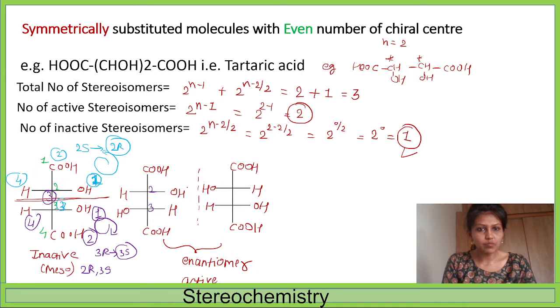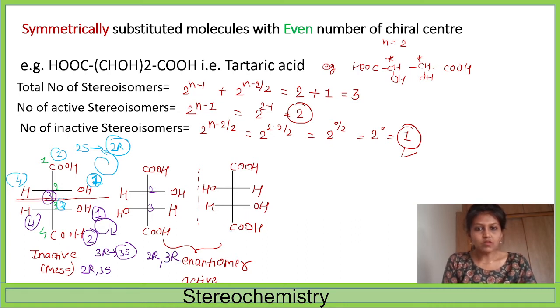So for 2 number carbon, the position of OH is on the right hand side. So whatever the configuration in structure 1, that is the configuration in structure 2, right? So 2R. Now for 3, the position of OH is changed. So R becomes S. So sorry, S becomes R. So 2R 3R, right?